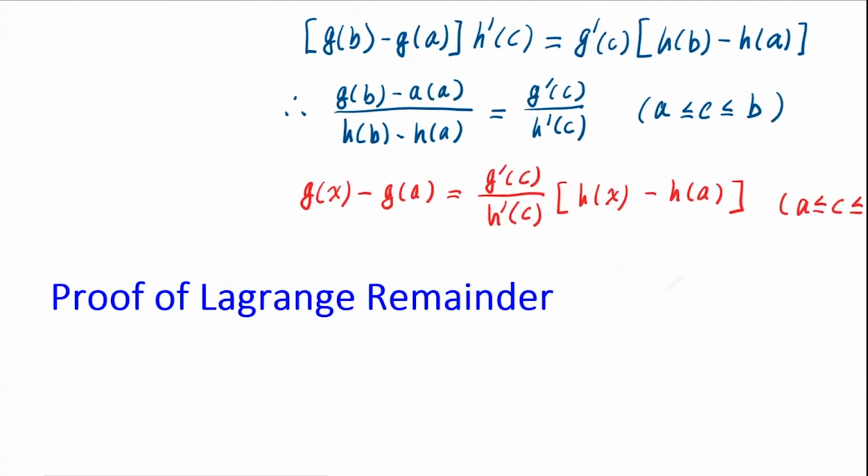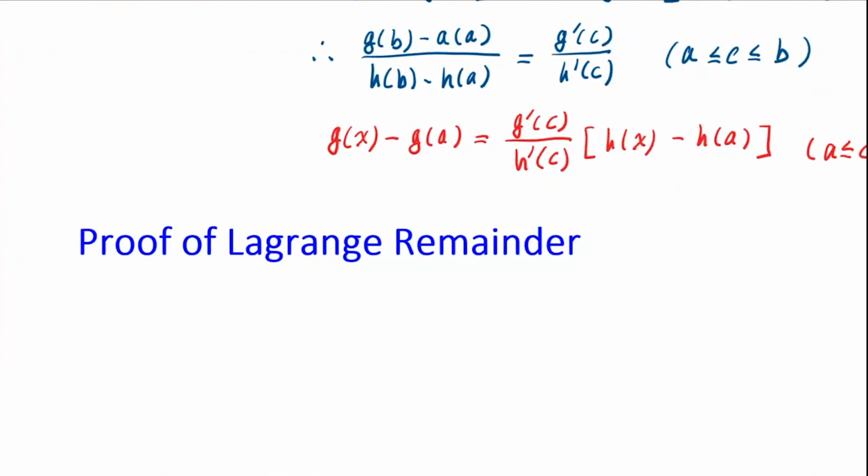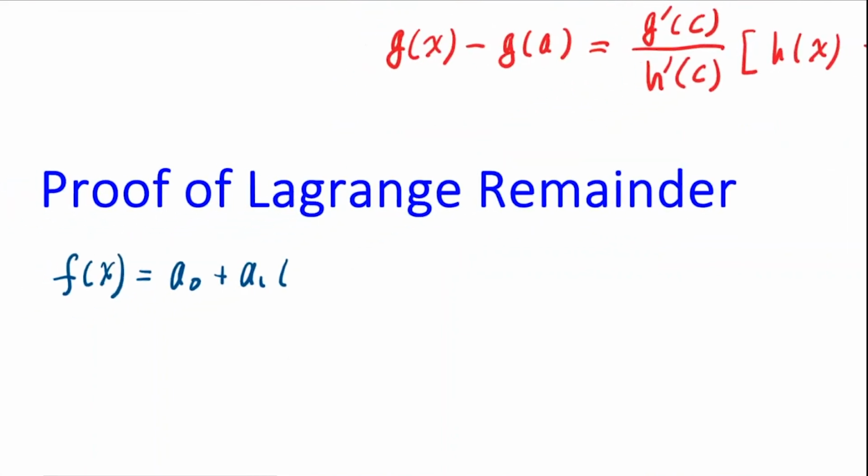Okay, we will move on to proof of Lagrange remainder. First thing, f of x. We are finding the Taylor series representation, and that looks like this: a naught plus a1 (I'm going to zoom in a little bit) times x minus a, since we are using a as the center. It's a little confusing because c is something else.